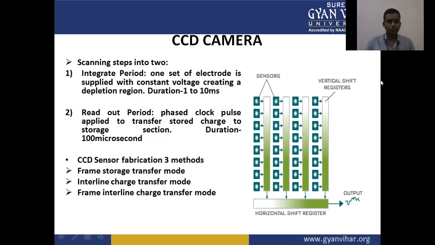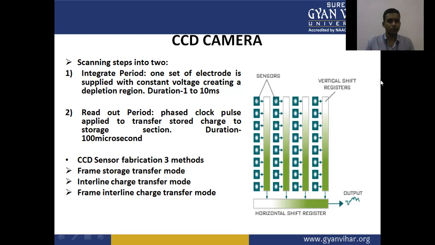Scanning is done in two steps: the integration period, where one set of electrodes is supplied with a constant voltage, creating a depletion region, with a duration of 1 to 10 seconds.